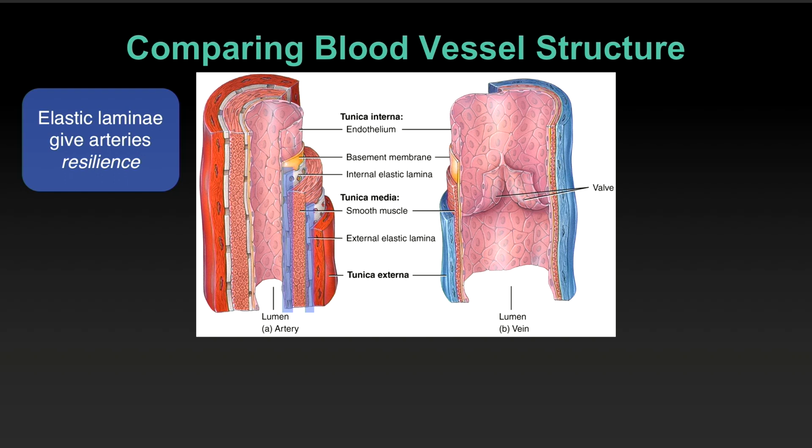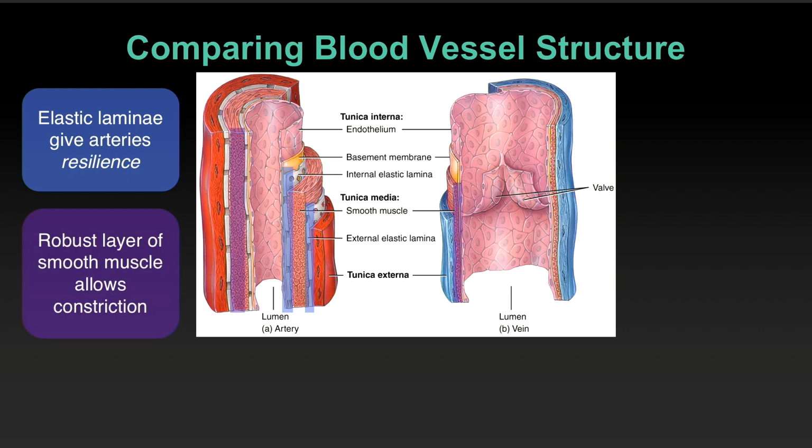The class of vessels, arteries, also tend to have more smooth muscle. In very general terms, an artery has more smooth muscle than a vein, and this allows control over the diameter of that vessel.